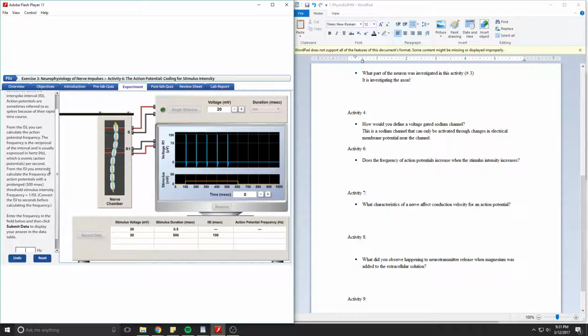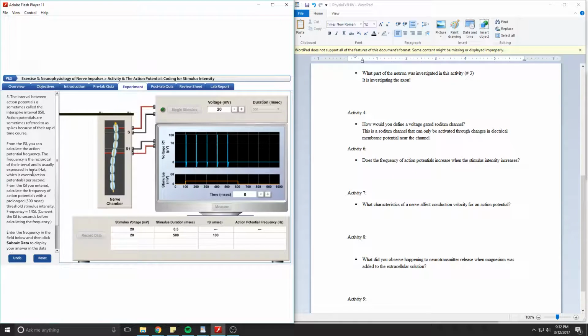From the ISI you entered, calculate the frequency of action potentials with a prolonged 500 millisecond threshold stimulus. Convert ISI to seconds before calculating frequency. What? Okay.